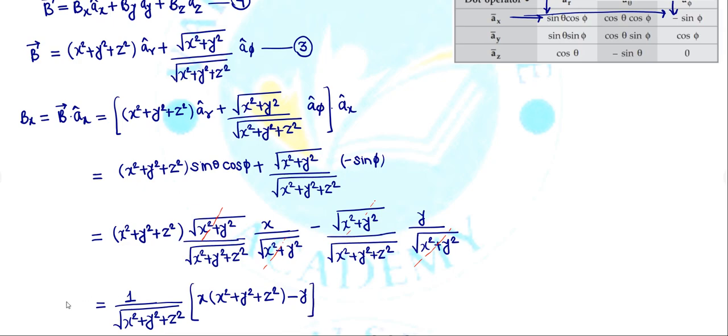Okay, so this is the value for Vx only, or you can say the component of vector B along x direction. So assign some equation to this one. So I'm going to call it A. Okay. Now in similar fashion, we are going to find out what is that Vy and that Vz.